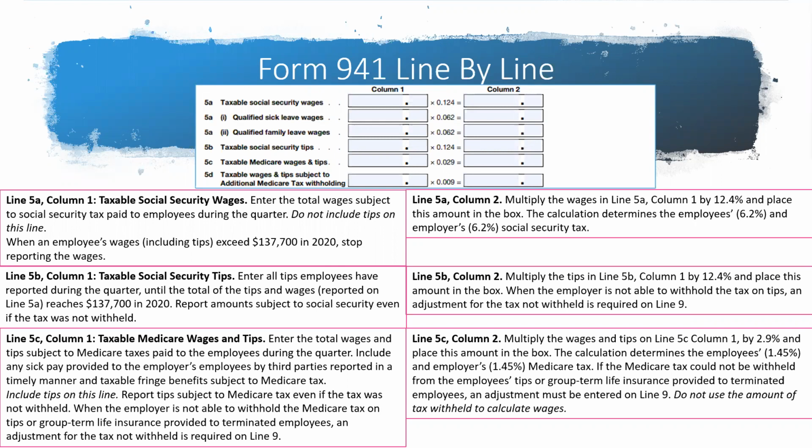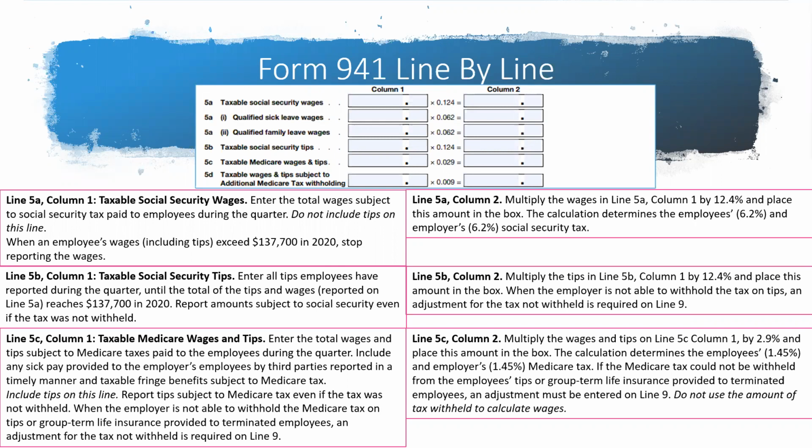But lines 5AI and 5AII are only being multiplied by 0.062, which is only the employee share of Social Security. And the reason for that is because those wages per the IRS regulations are not taxable for the employer for Social Security. So that's why that is different on those two lines.